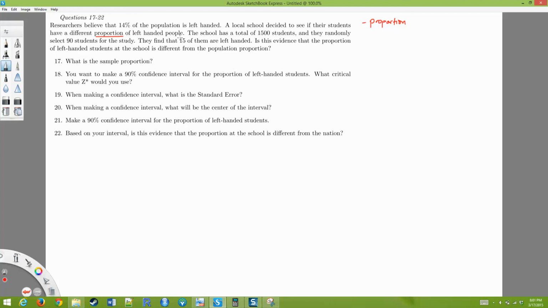That's a categorical variable, so anytime you have a categorical variable, it's proportions. One sample or two samples? Just one, right? 90 students. One sample. Confidence interval or a hypothesis test? Well, we look through the questions and we see things like make a confidence interval, so that makes it easy.